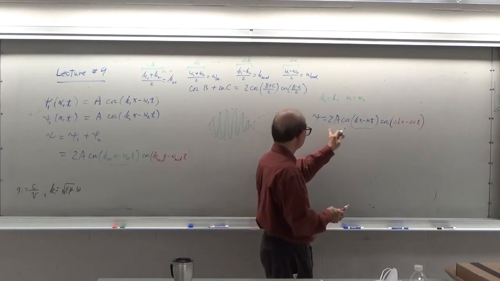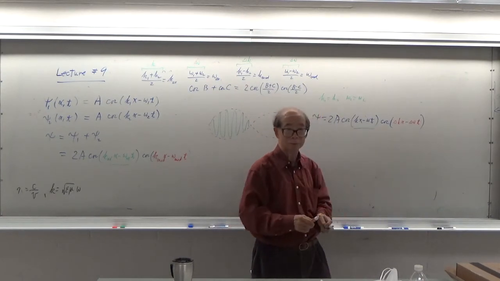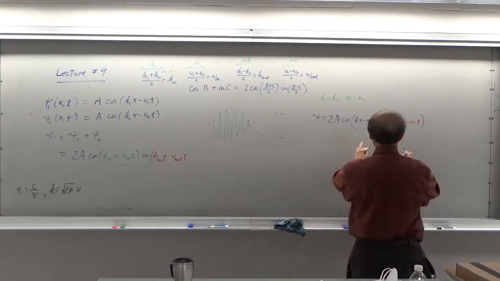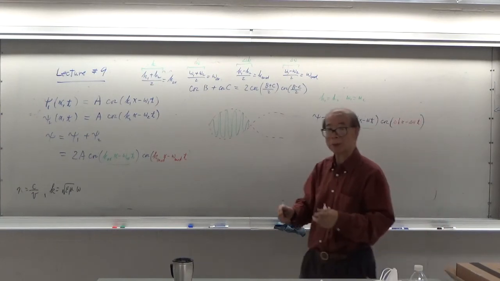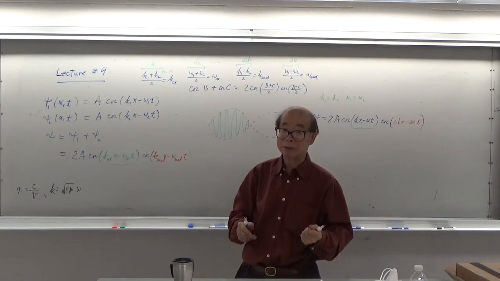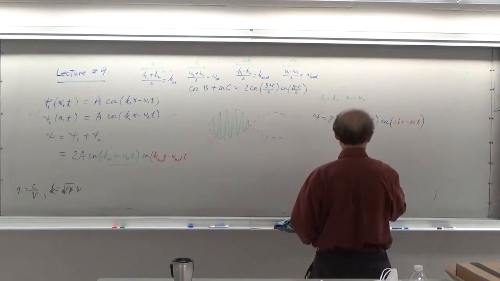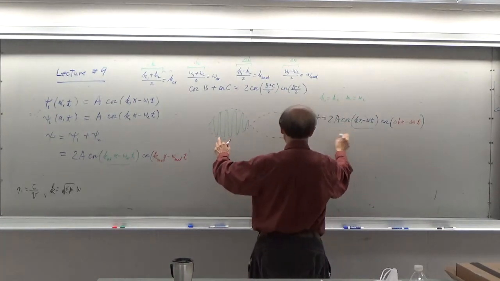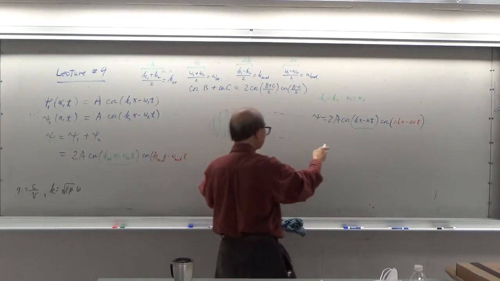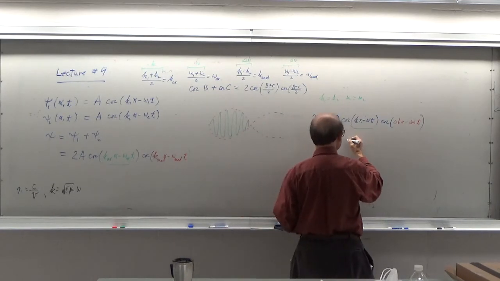So the wave is given by the product of these two. And these two factors represent propagating waves with different speeds. From this, the green wave propagates with a speed v, which is given by omega over k.